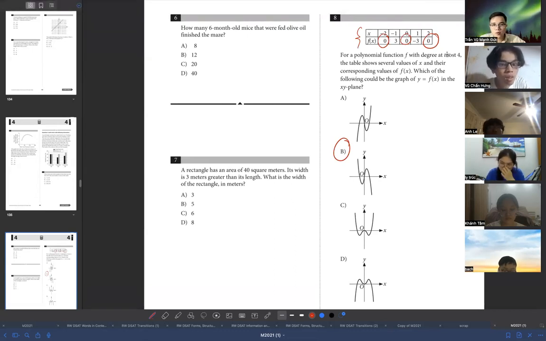There are 3 points at which they cross. Unfortunately, these 3 graphs all cross the x-axis at 3 points. So what else should we depend on? Okay, the -1 and the 1 coordinates.